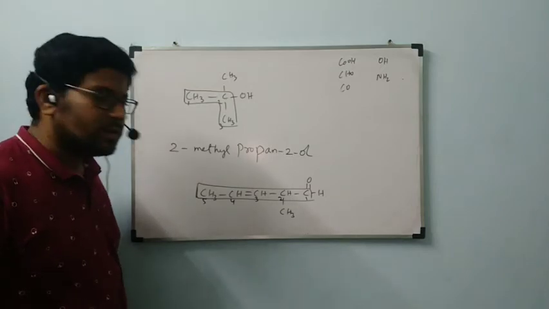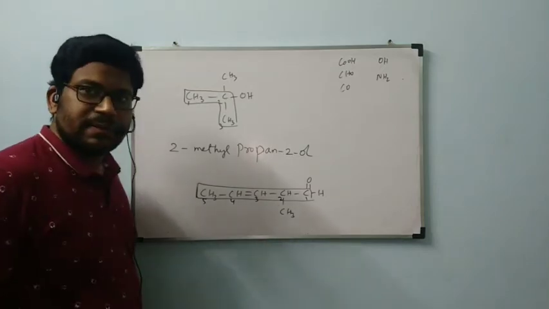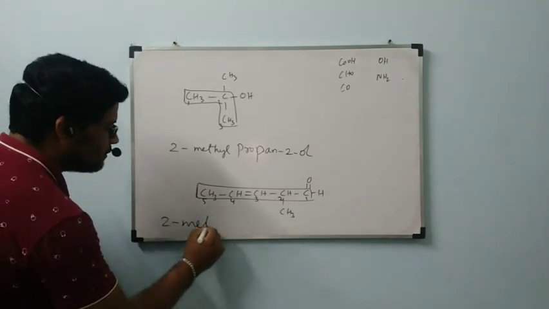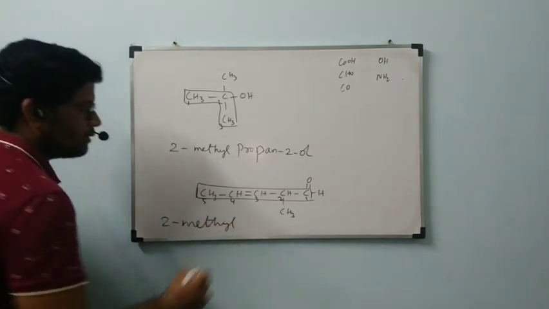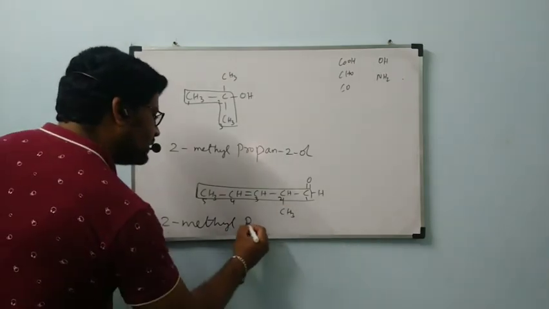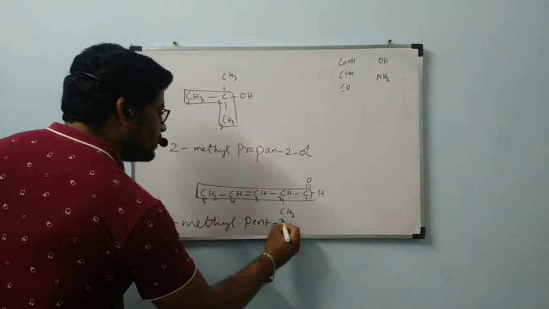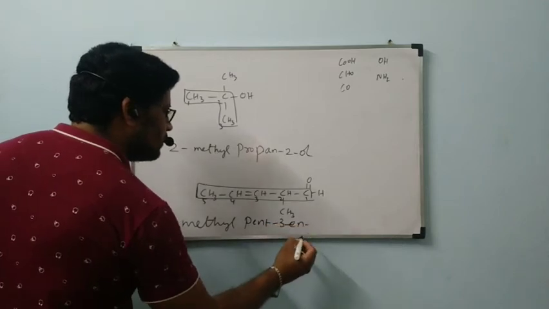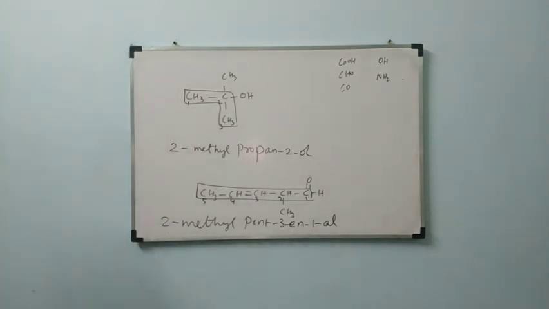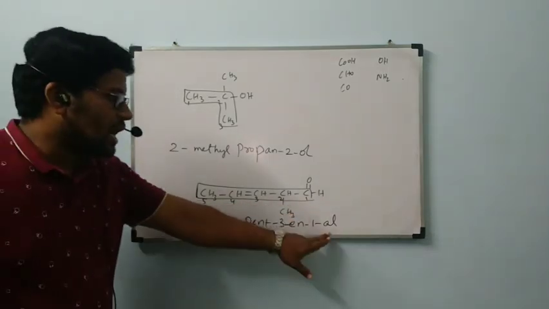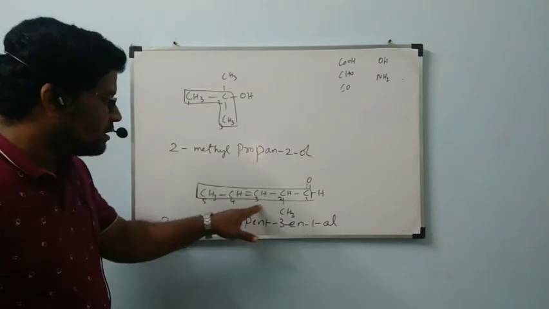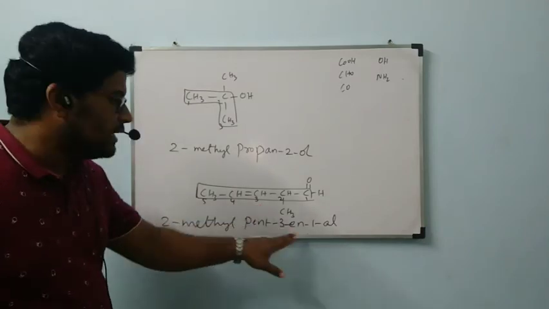The name of this compound. On which position is the methyl group present? Second position, 2-methyl. The parent chain contains 5 carbons, pent. 3-ene, 1-al. On the first position is the aldehyde, secondary suffix al. On the third position a double bond is there, ene.